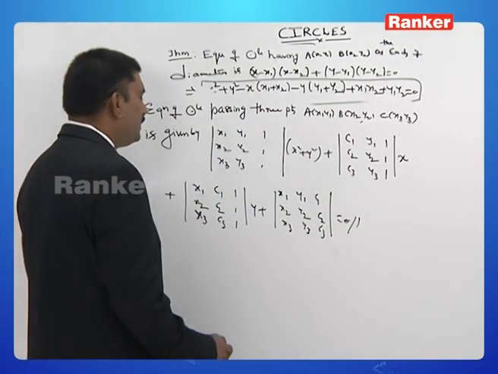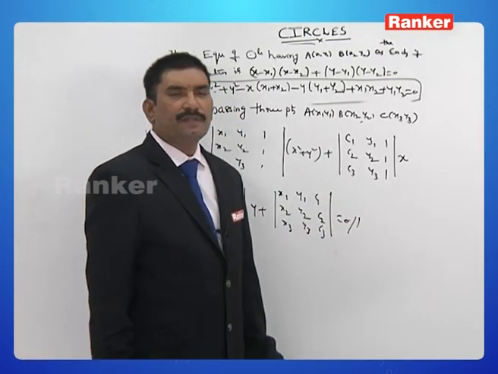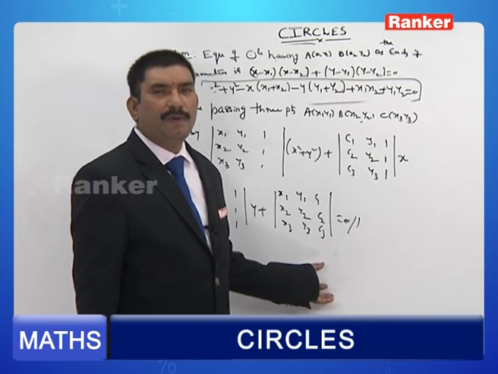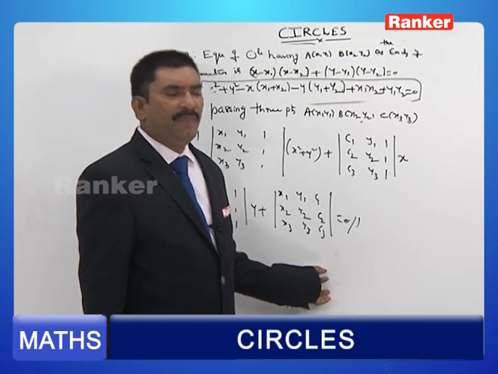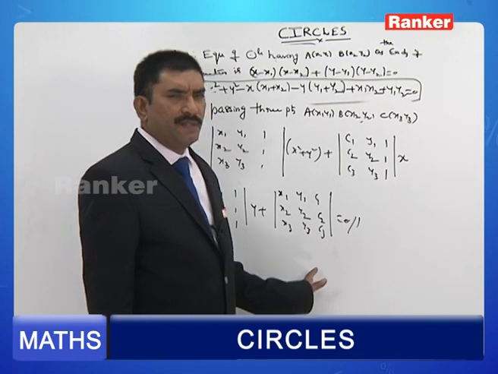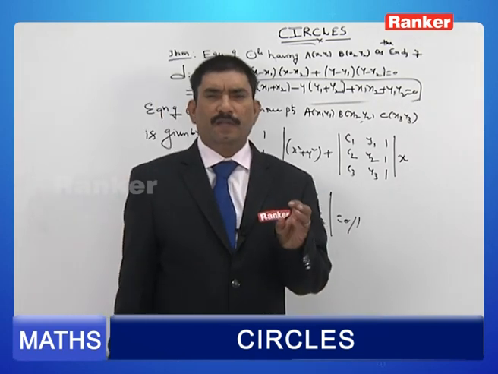So this represents the equation of a circle passing through how many points? 3 points.